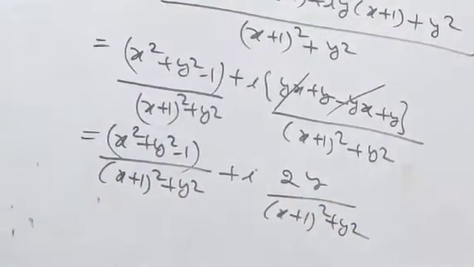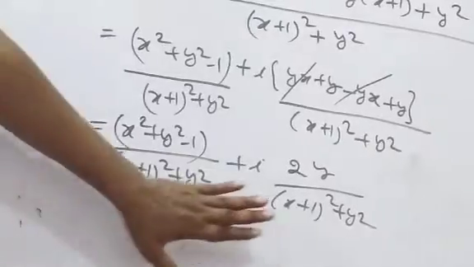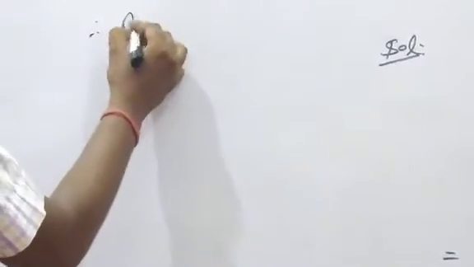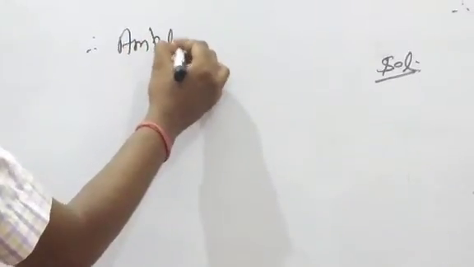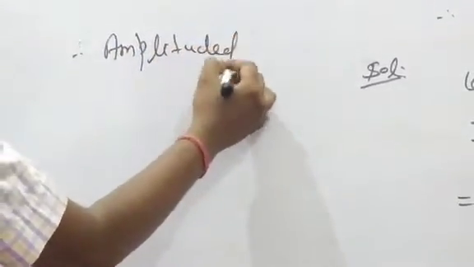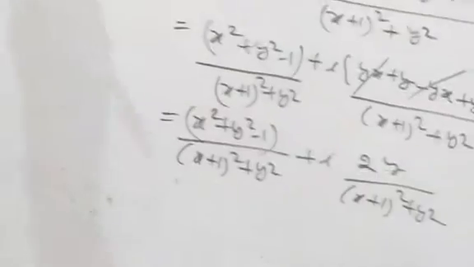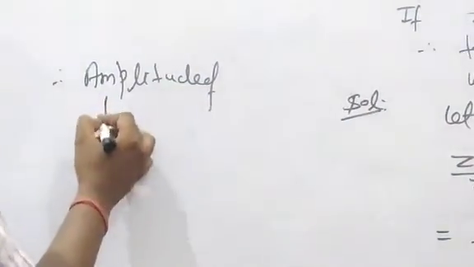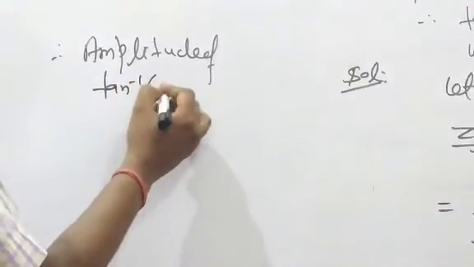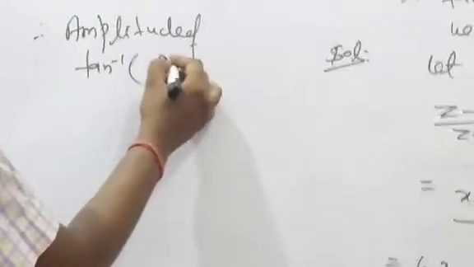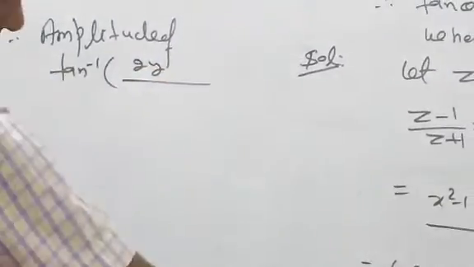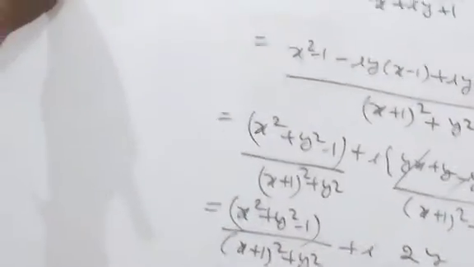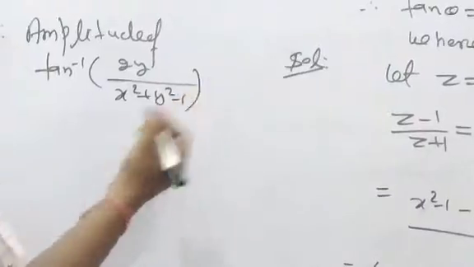Clear? Now what is the amplitude of this one? Therefore amplitude of this value is equal to what? Clear? Very simple. Tan inverse b by a, means 2y whole upon this. This by this means cancel both here, and x square plus y square minus 1.